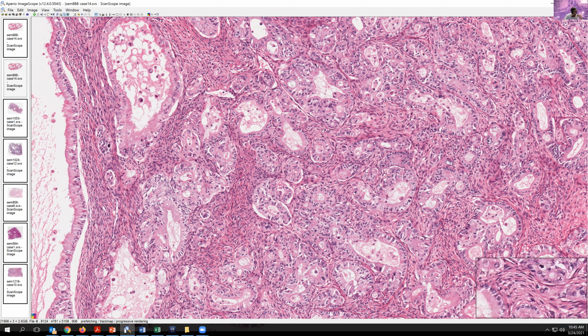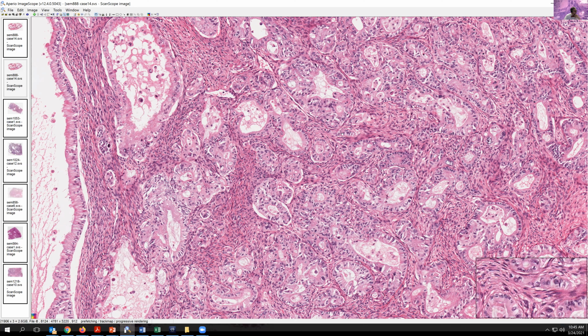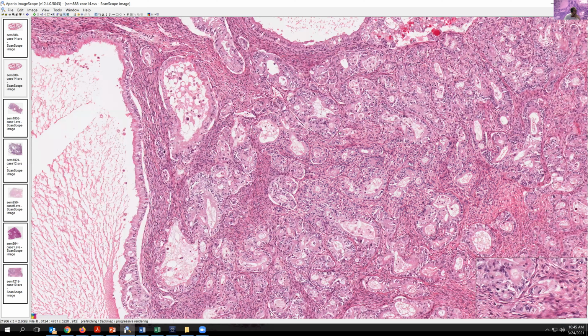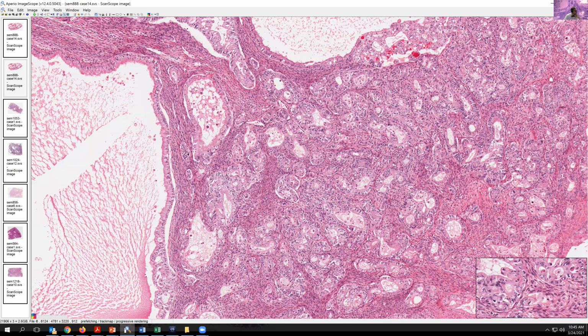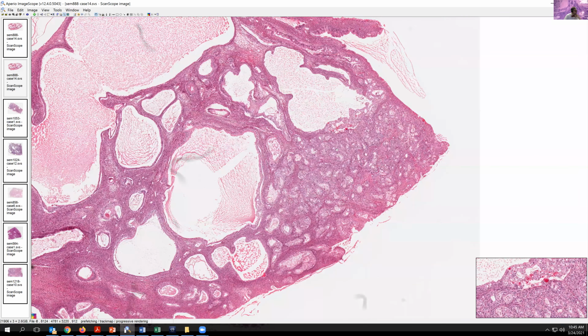So this could be an invasive mucinous carcinoma of the ovary, or in this case, it is a metastatic carcinoma derived from a pancreatic primary of a ductal type tumor with this fairly low-grade mucinous pattern of neoplasia.